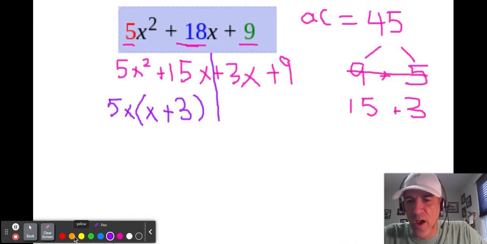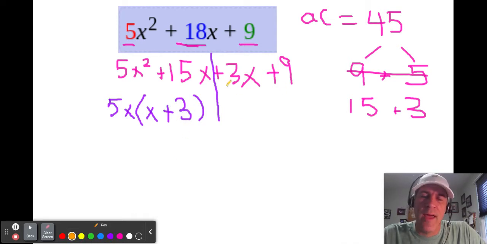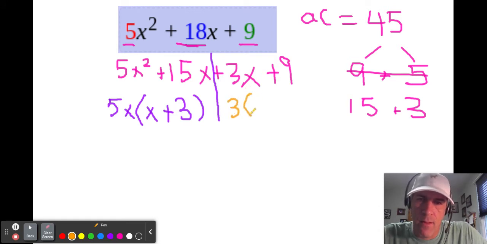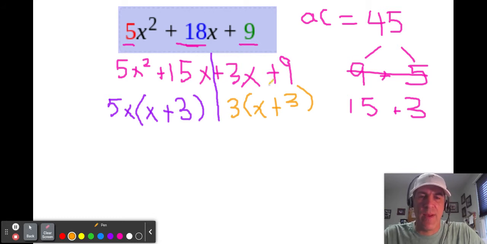Now I'm going to do the second one. I have a 3x plus 9. Everything's positive. What can I factor out here? I can factor out a 3. That leaves me with x plus 3, because 3 times x gives me 3x, and 3 times 3 gives me my 9.